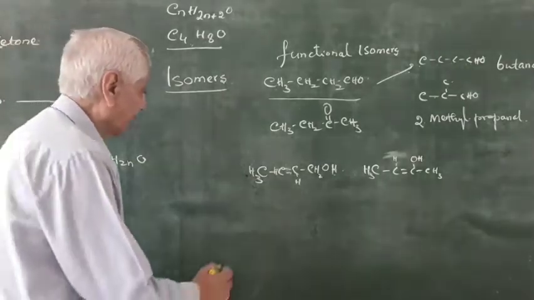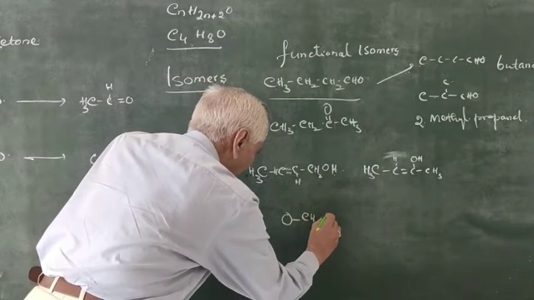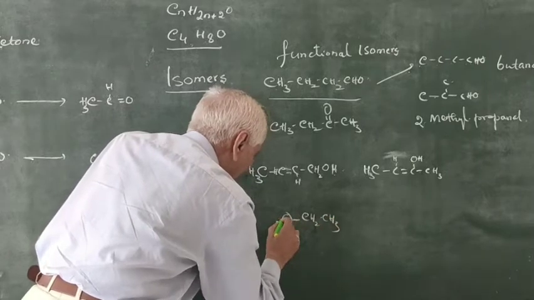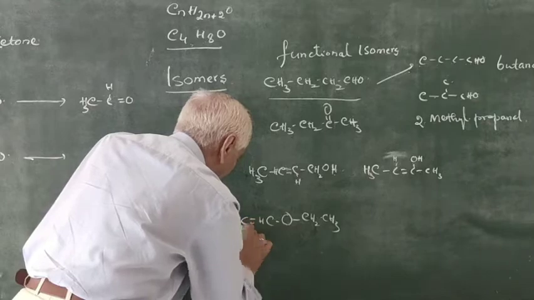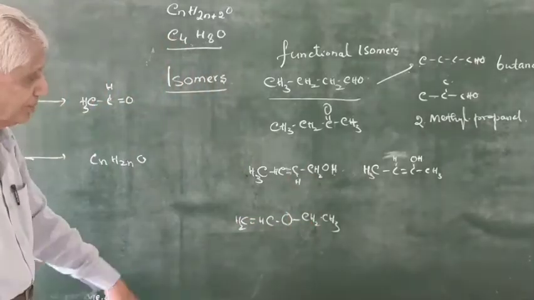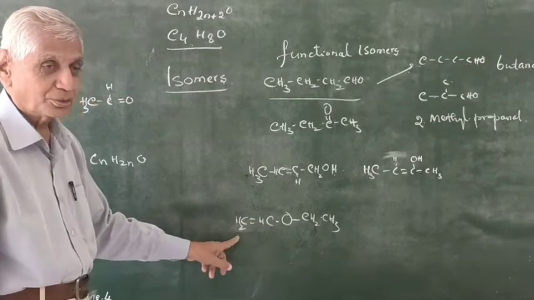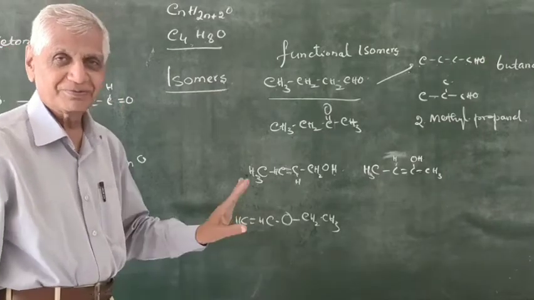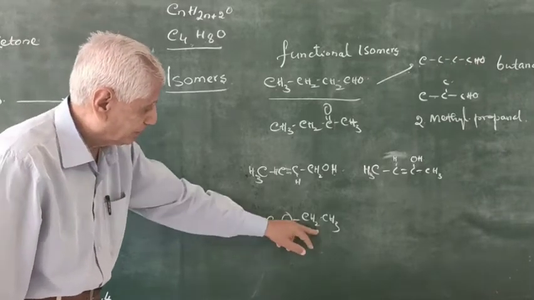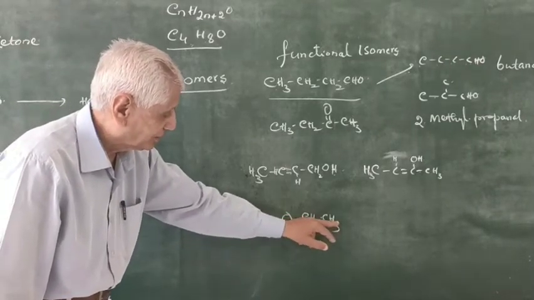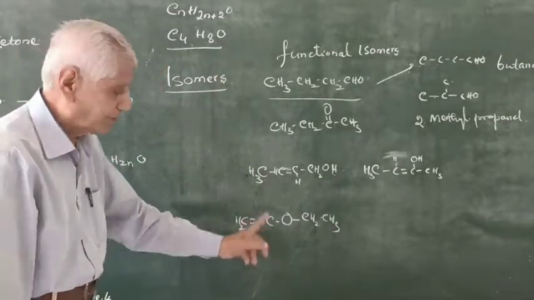For example, look here: oxygen, CH2, CH3, CH, double bond, CH2. What is this one? It is two hydrogen short. 2, 3, 4, 5, 6, 7, 8: 4 carbon, 8 hydrogen, 1 oxygen.